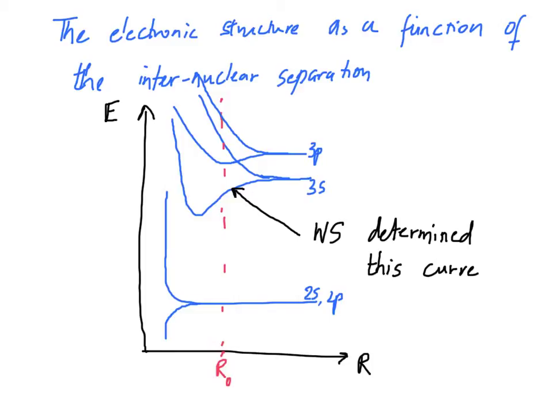Okay, so how did Wigner and Seitz go about determining the bottommost part of the 3s band? How did they do that? In order to understand that, let's make an observation. If you consider the isolated hydrogen atom, we know that the boundary condition for the wave function for that particular problem is that the wave function has to go to 0 as you go far away from the nucleus, right?